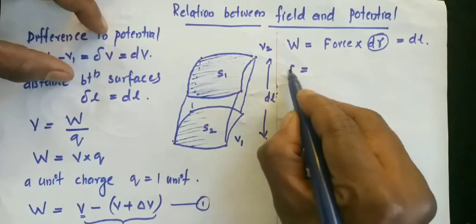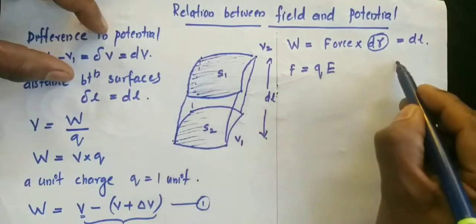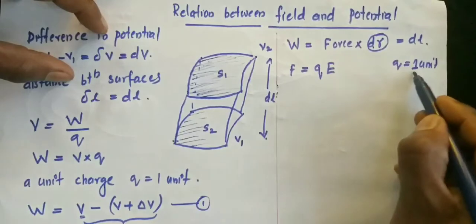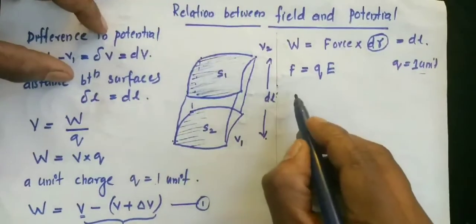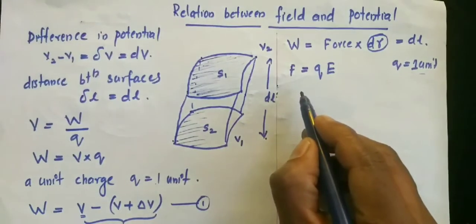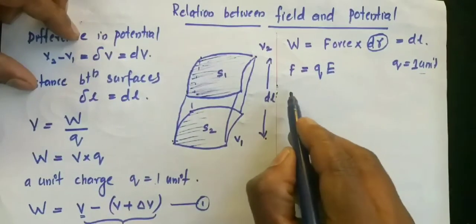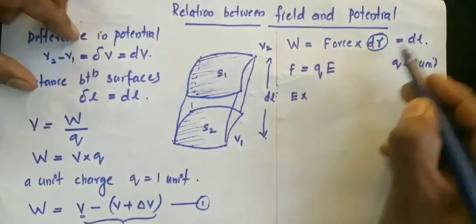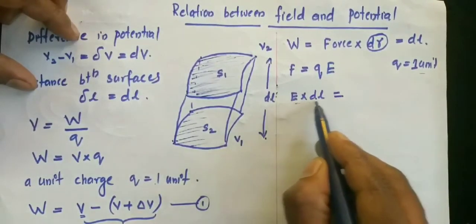So force F is equal to Q into E. That also you have studied from the beginning of the first lesson. And here Q is equal to 1 coulomb, 1 unit. So in the above equation W will be equal to E into distance dl. It can be dr also. So I am writing W is equal to Q into E. Instead of QE, I will write E into dl, which is equal to work.